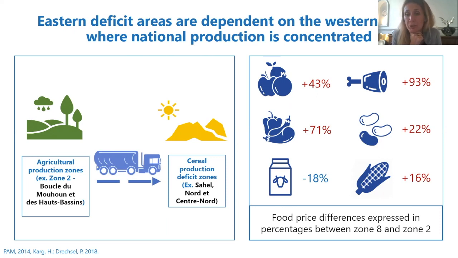But if we look at fresh perishable foods like fruit, vegetables, and some meat foods, we see a much higher variation. So this really points to important opportunities in either increasing local production of fresh foods or improving the supply of these foods.